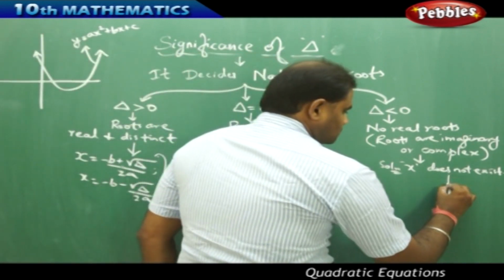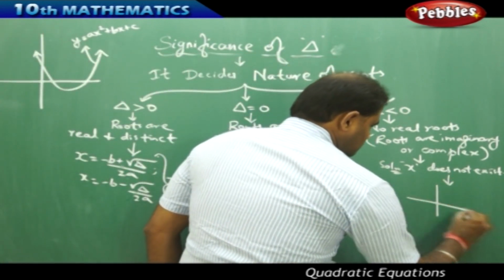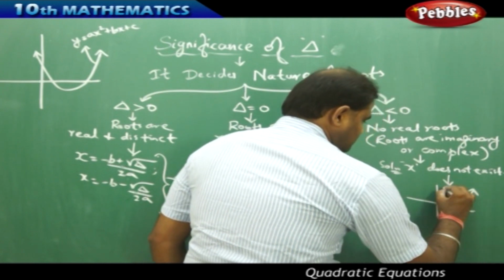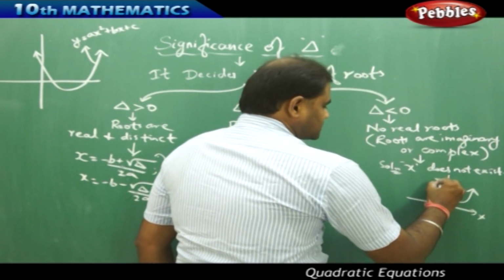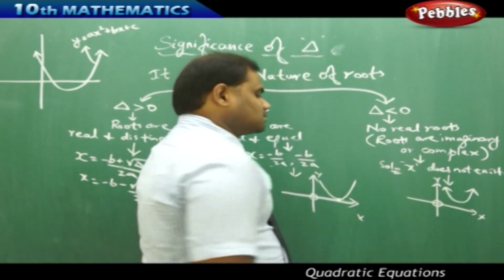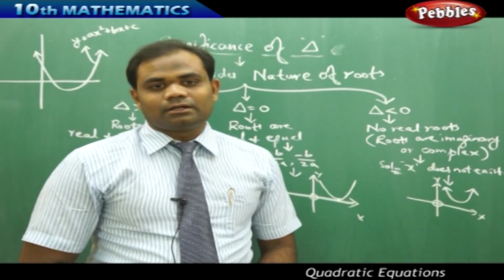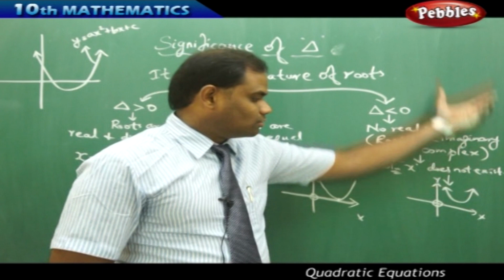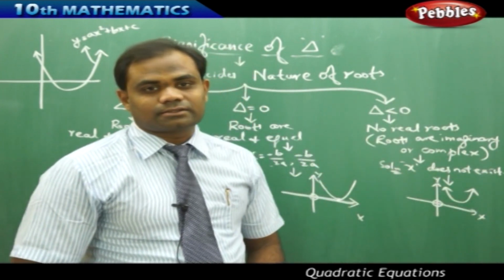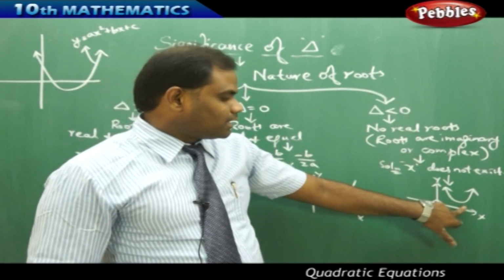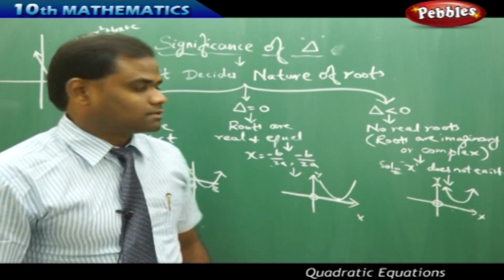And for the non-real roots, the graph doesn't cross the x-axis. It escapes the x-axis but cuts the y-axis; it is hanging in air, going on the top, but it doesn't cross the x-axis. So no real roots is understood as the graph not cutting the x-axis.